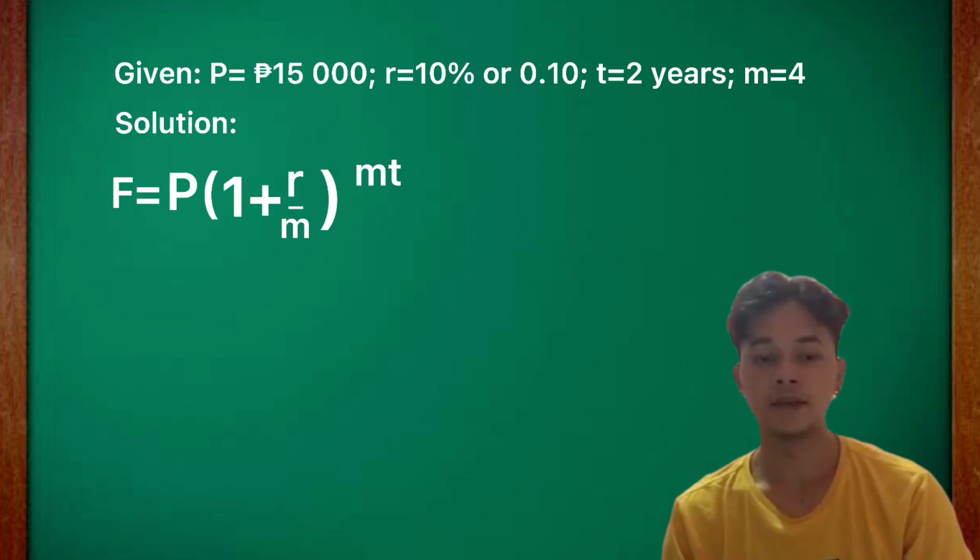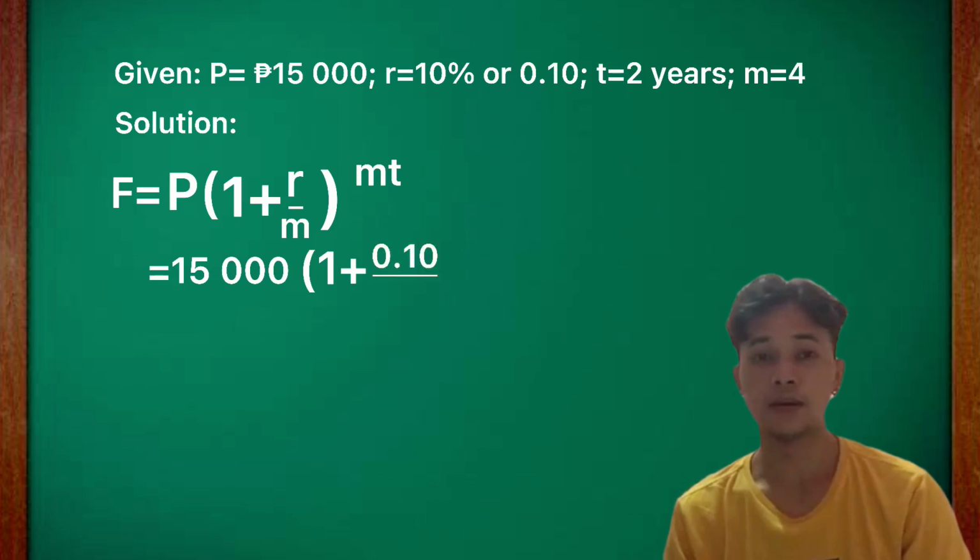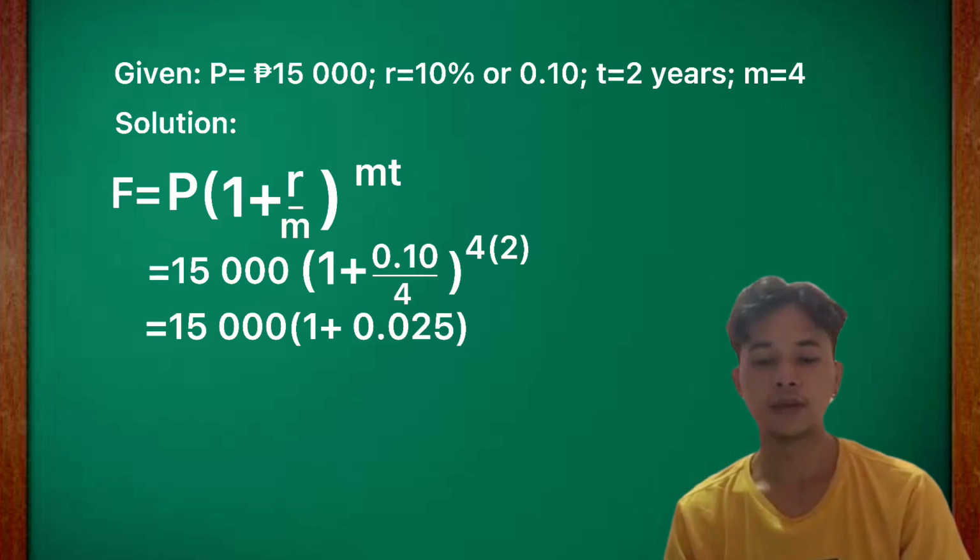Then substitute the given: final amount equals 15,000 times (1 plus 0.1 over 4) raised to the power 4 times 2. Let's solve first the rate over the conversion period, and the exponent, which is 4 times the time, which is 2. Then it becomes 15,000 times (1 plus 0.025) raised to the power of 8.